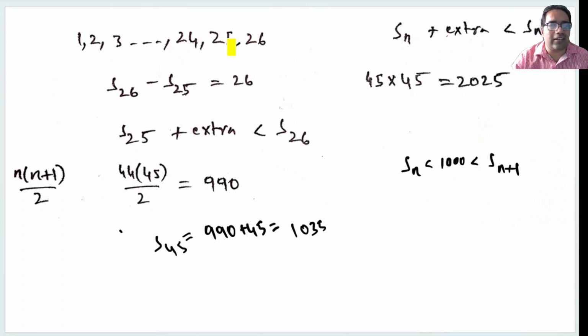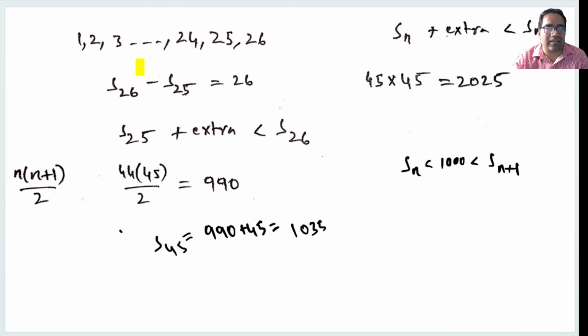Right. Now, if after adding 1 to 25, let's say this fellow added something extra, something twice. That means either 3 twice or 12 twice or 24 twice, whatever. Whatever he adds, even if he adds 25 again, all these numbers will still be less than 26. Right.